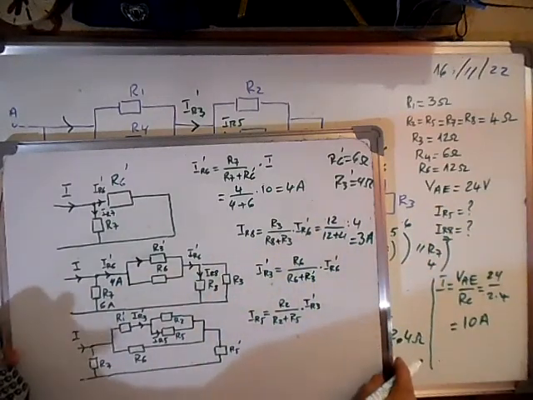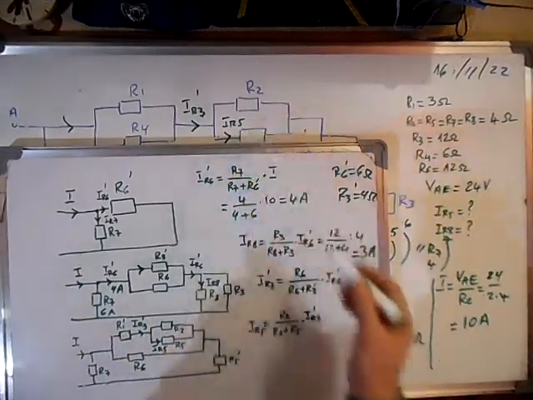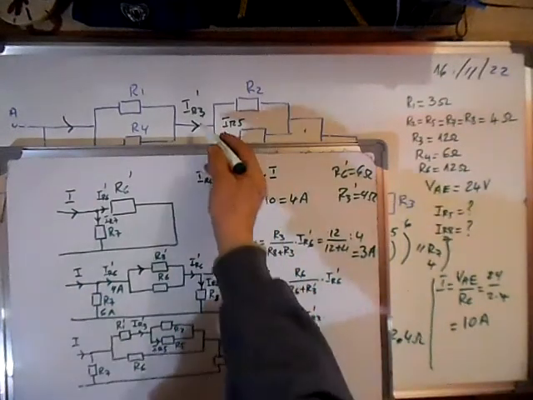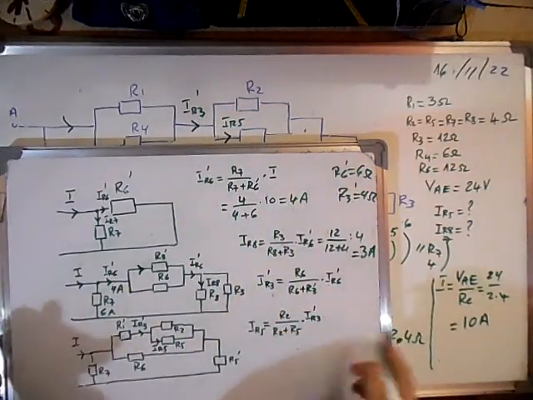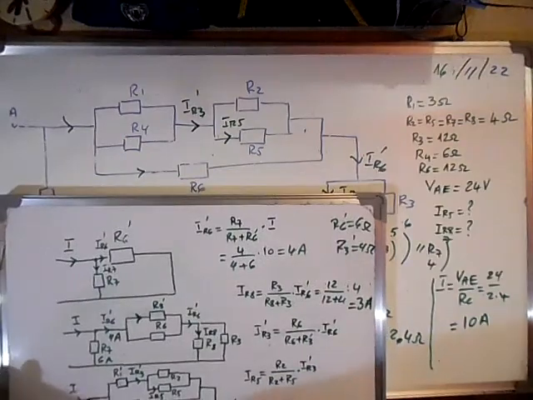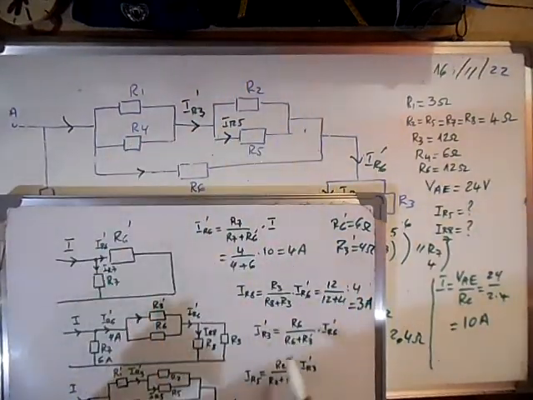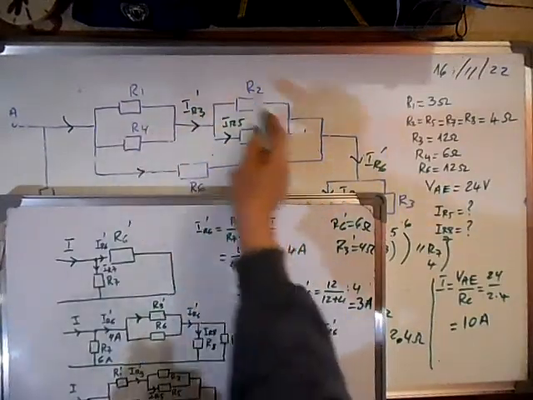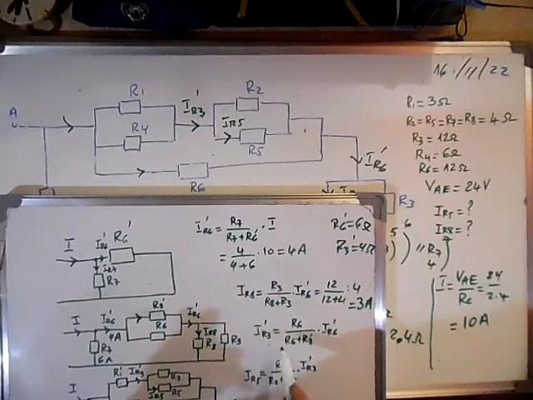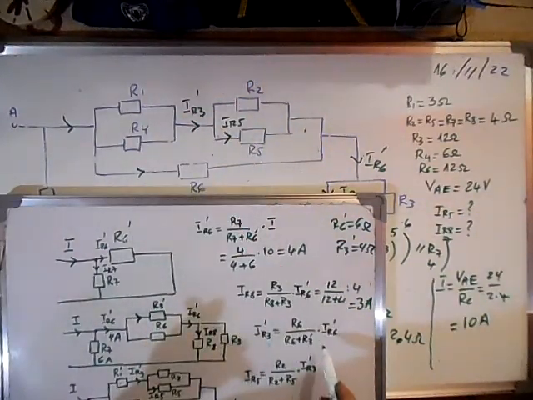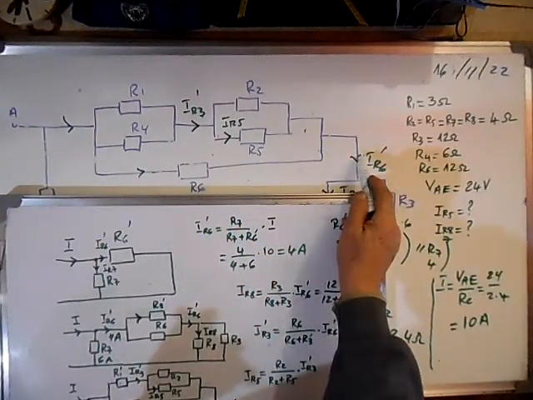Now we need to calculate IR5. To calculate IR5, we need to calculate this current, IR3 prime. We need these four resistors. So IR3 prime is R6 over R6 plus R3 prime times the current flowing here.